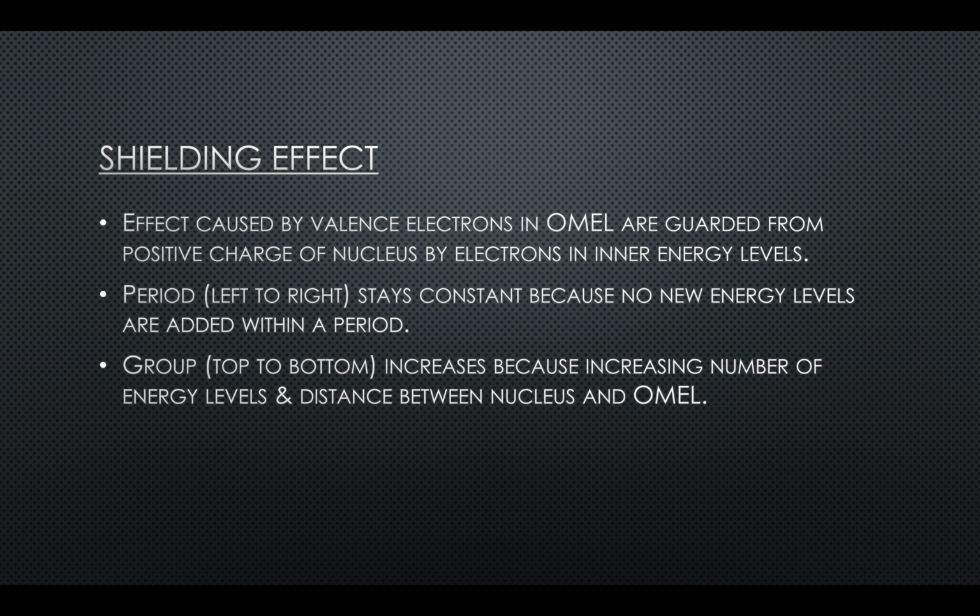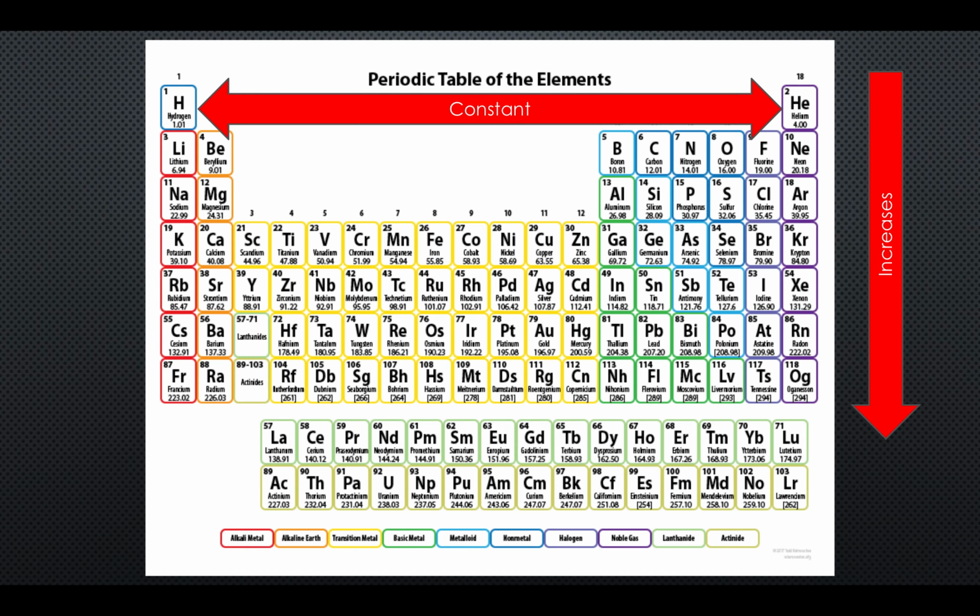For the group, top to bottom, it increases because of the increasing number of energy levels and distance between the nucleus and the outermost electron energy level. So if we look at the periodic table, it stays constant from left to right, but it increases from top to bottom. The reasoning for this is each of these periods represents the number of orbitals or circles that you see around the nucleus.